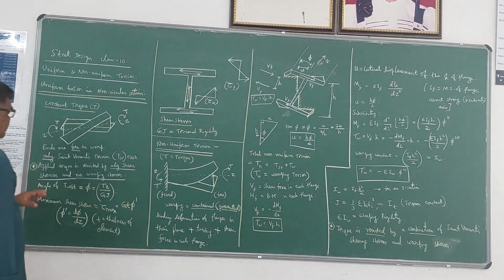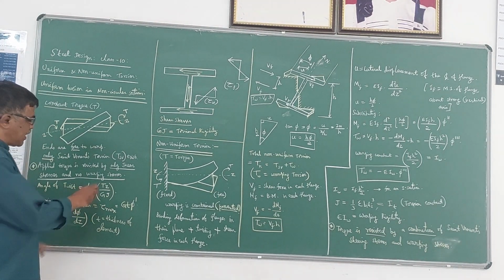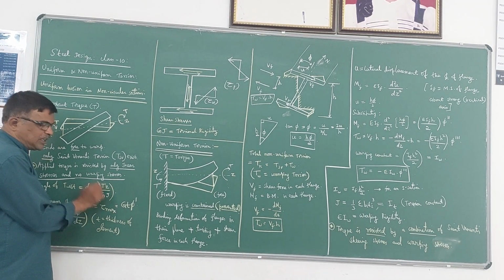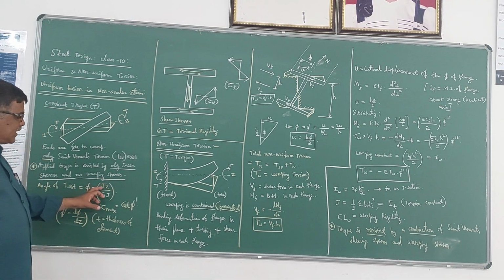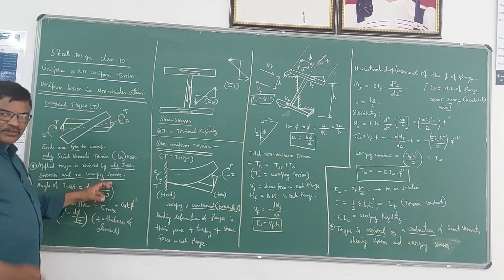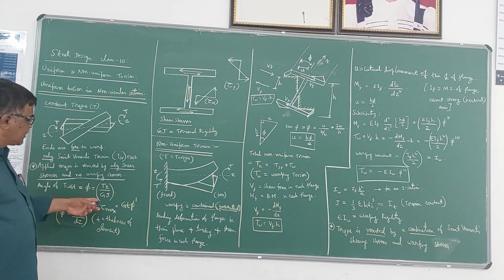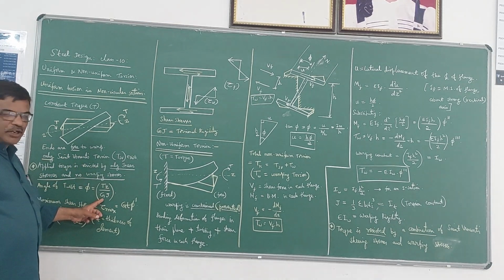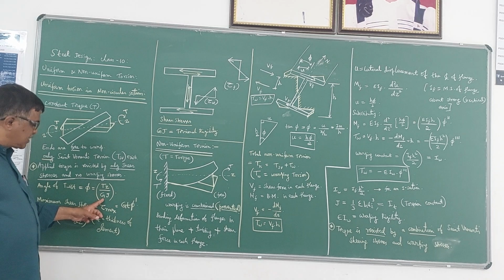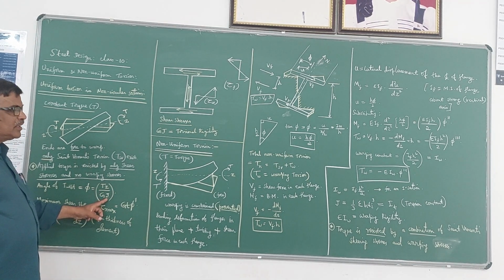And in this case, the total angle of twist phi is given by T into Z divided by G into J, where T is the torque applied, Z is the length of the shaft, G is the rigidity modulus of the material, that is of steel, and J is called the torsion constant.